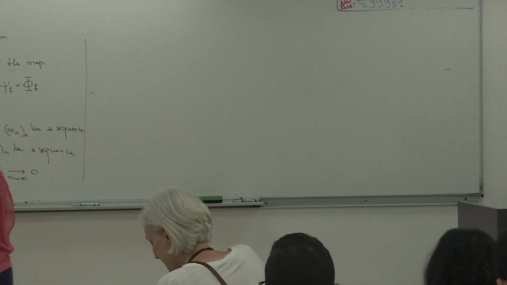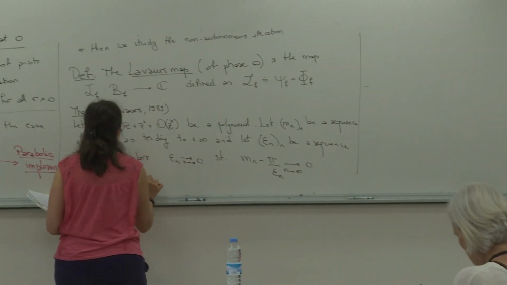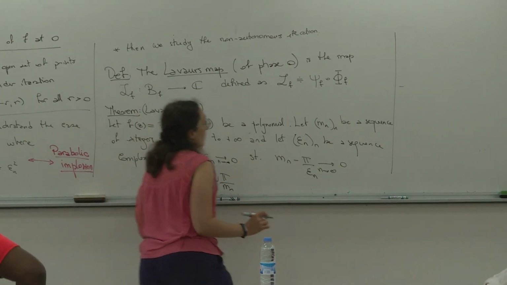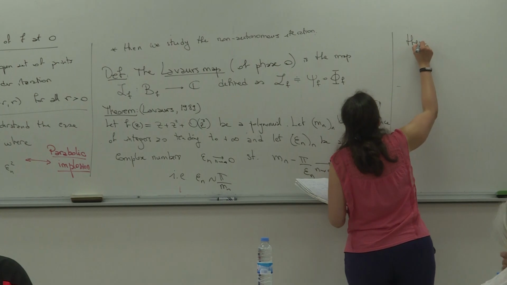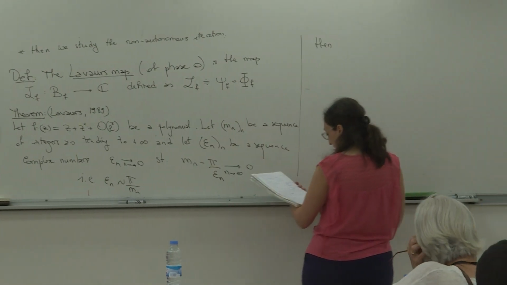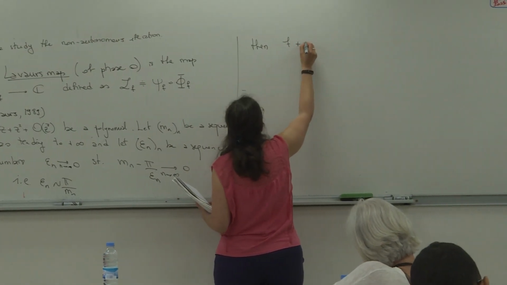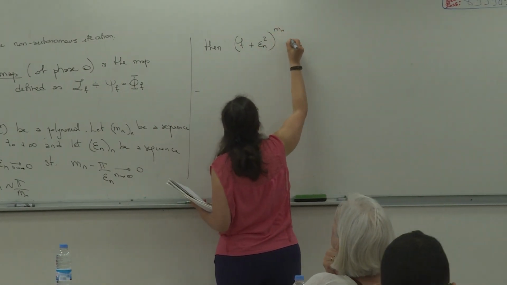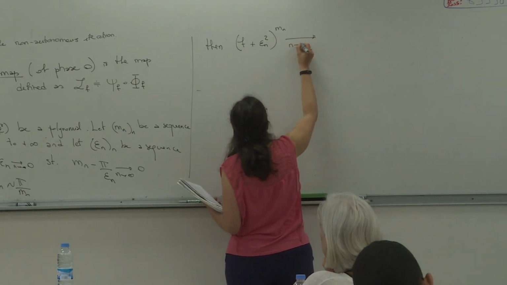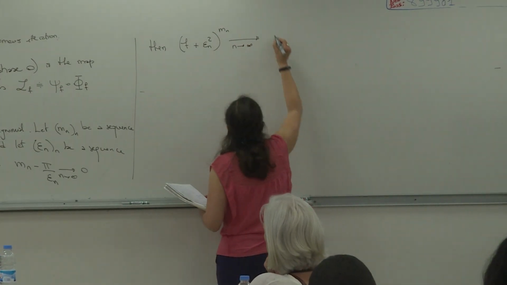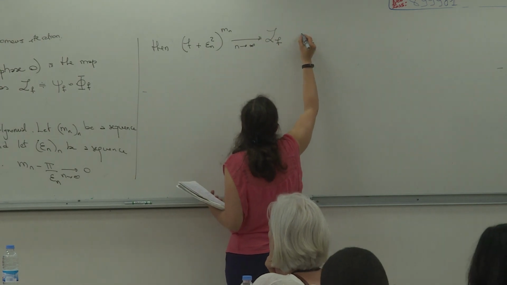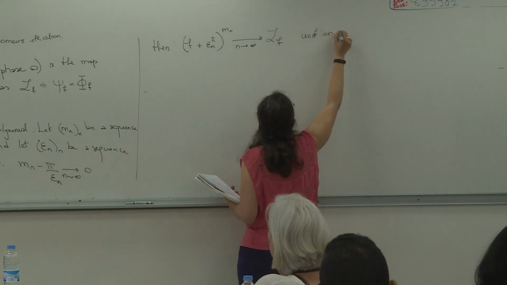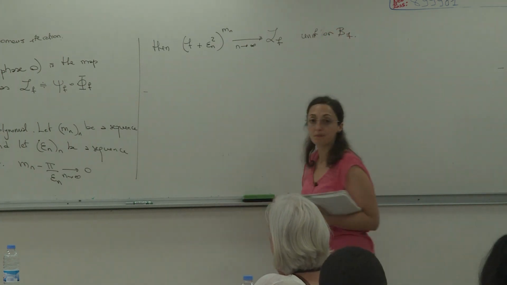Then what happens is that the map f plus epsilon n squared, iterated Mn times, converges as n goes to infinity to the Lavor's map of phase 0, uniformly on the basin B of f.